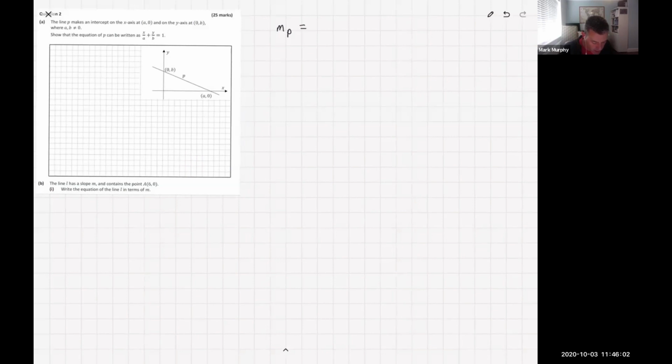Y2 in this case is 0, minus b, all over x2 minus 0, which is a. Doesn't matter which one you use, actually. Just be careful with the signs. So in other words, the slope of the line is minus b over a.